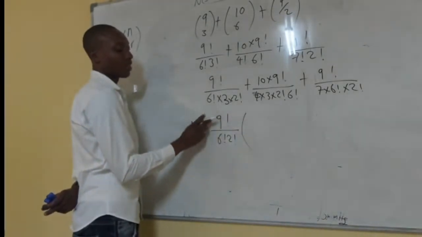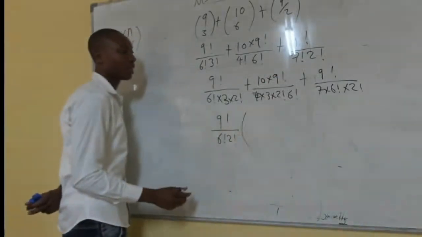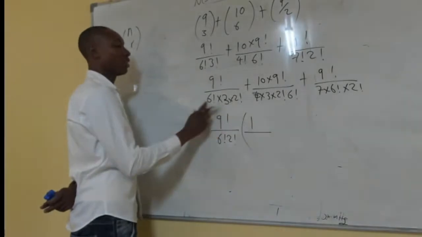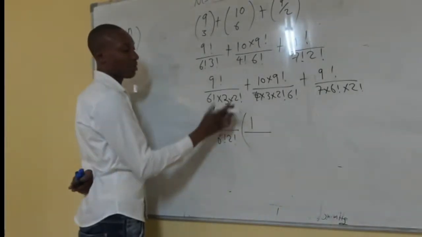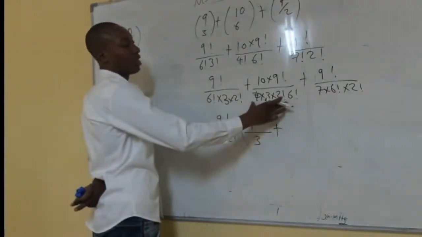What remains? In the numerator, there's 9 factorial, 9 factorial, 9 factorial. So we are now going to have 1 over, this part here, what is going to remain? We're going to have a 3, okay? Plus, what is going to remain here?